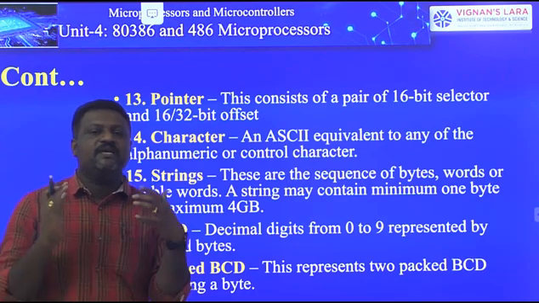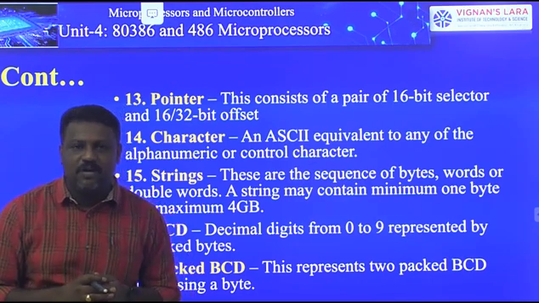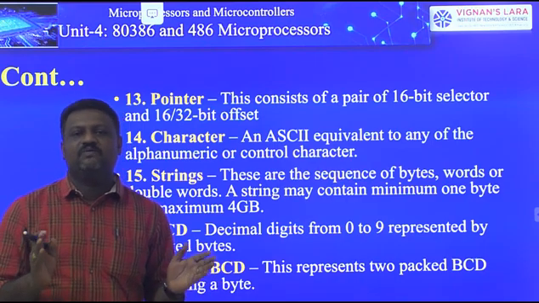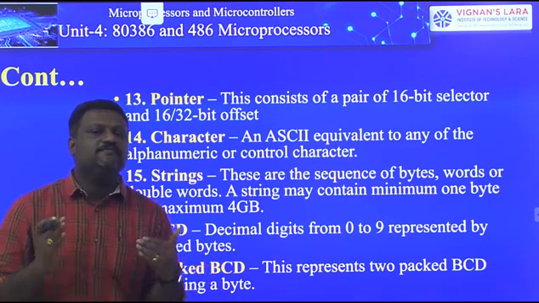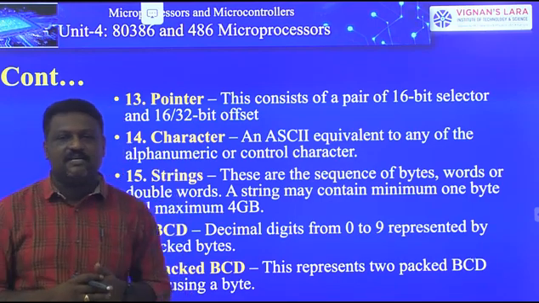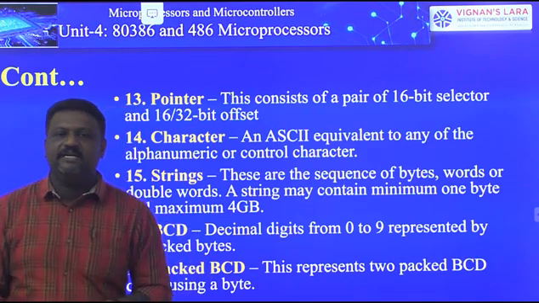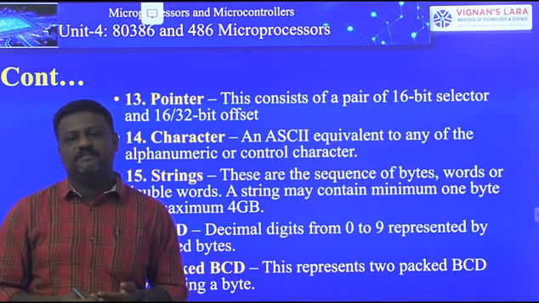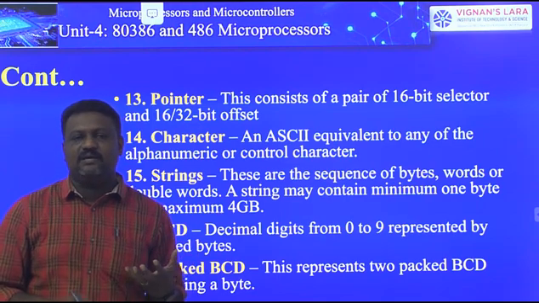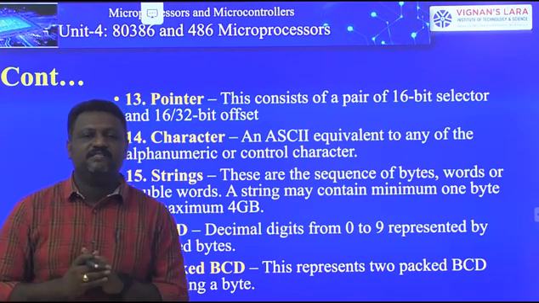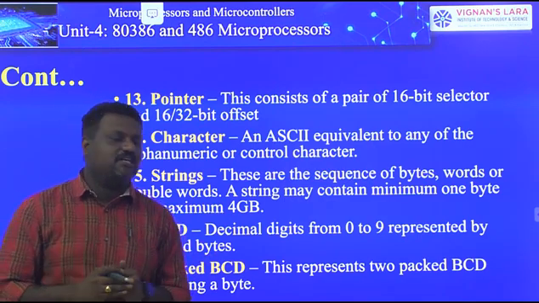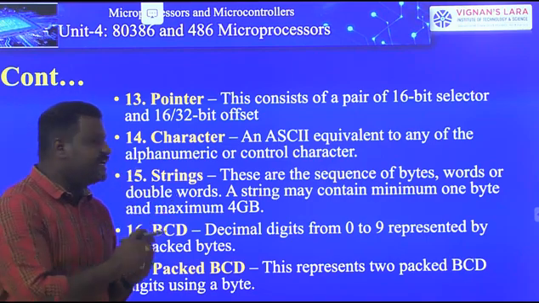Once you press any key on your keyboard, no doubt internally that keyboard will generate the ASCII equivalent code, because ASCII code we consider as an alphanumeric code. So here the character may be an alphabet or it may be some controlling information. Once you press that particular key, internally an ASCII code is generated for the corresponding pressed key on your keyboard. That may be considered as your data type also.